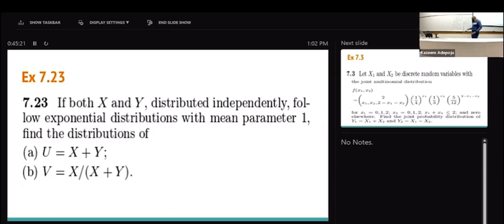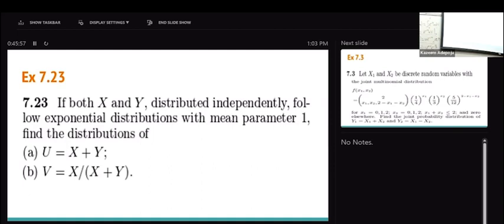I said this is parameter 2, 1, which means alpha equals 2, beta equals 1. If you plug in 2 here, it's going to give you this. If you plug in beta as 1 here, it's going to give you this. What is gamma of 2? Gamma of 1 is 1, right? And 1 raised to the power that. So this is a gamma distribution with parameters alpha equal to 2, beta equal to 1. Take a look at that.